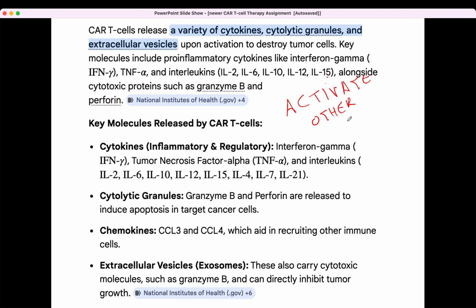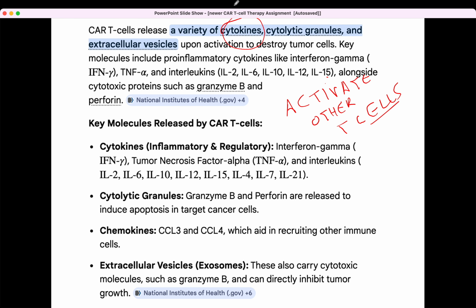For example, phagocytosis, or helping to stimulate other cells in the immune system to help participate in this process, like that, yeah? And these secretory factors in immunology are called cytokines and chemokines.